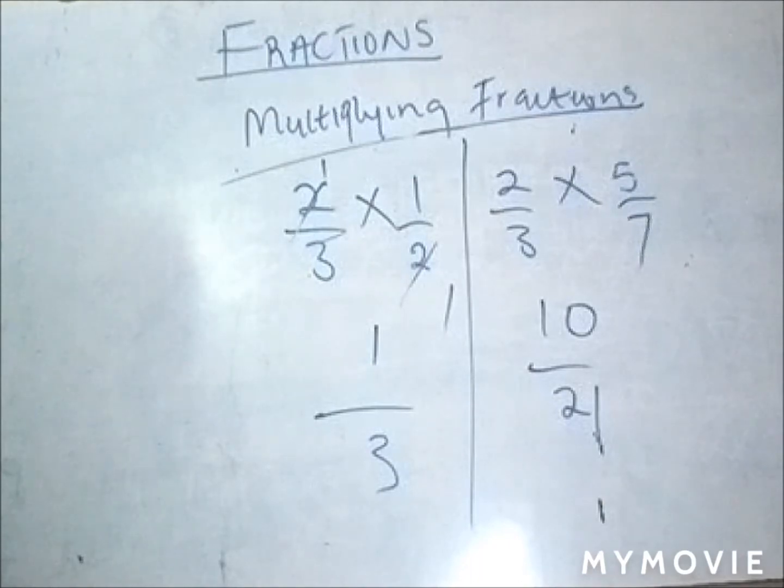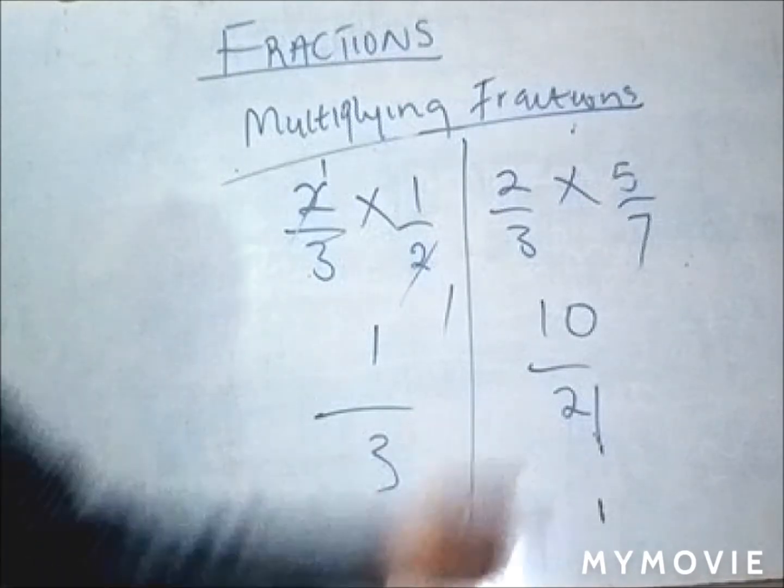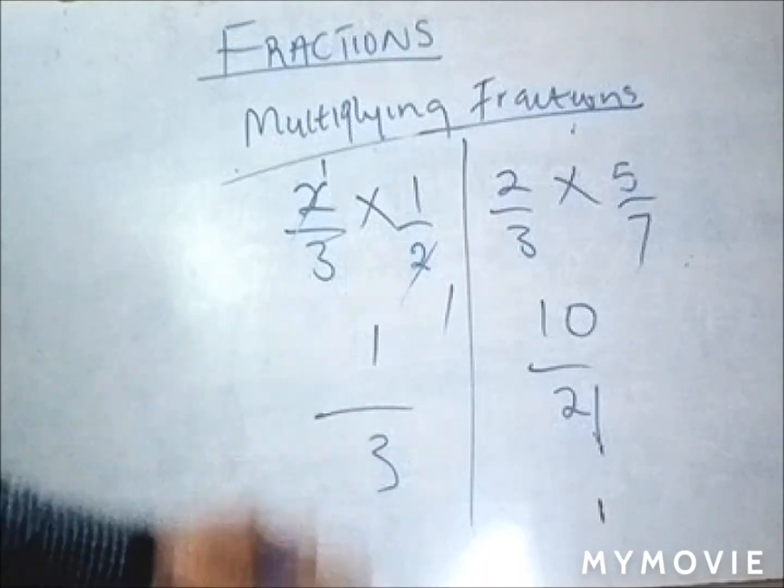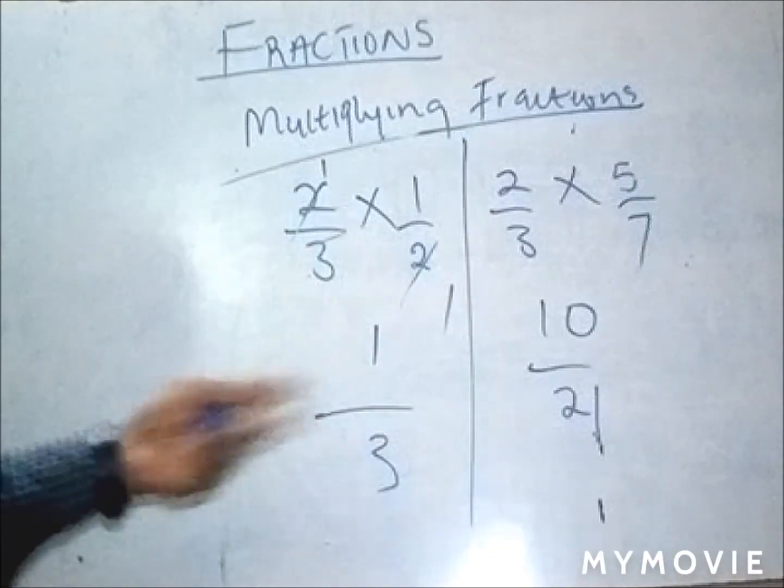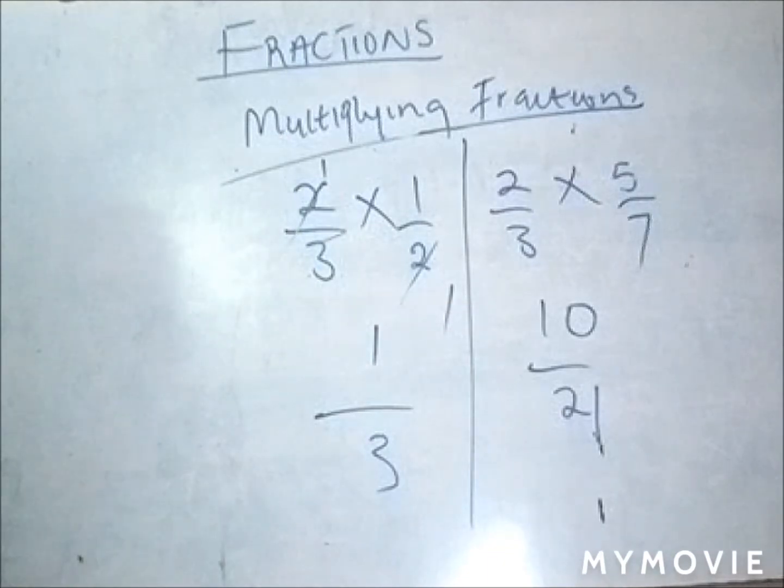So you notice that these two are proper fractions. So when you get an answer that's an improper fraction, maybe it is 21 over 10, or maybe 3 over 2, you notice that what you need to do is to change it into a mixed fraction.